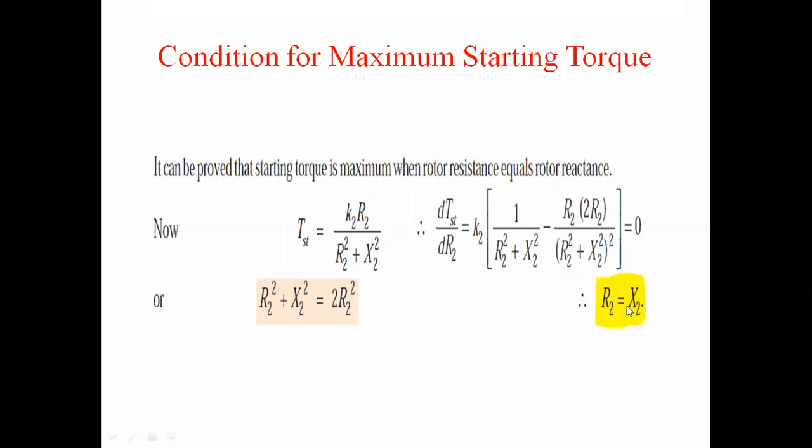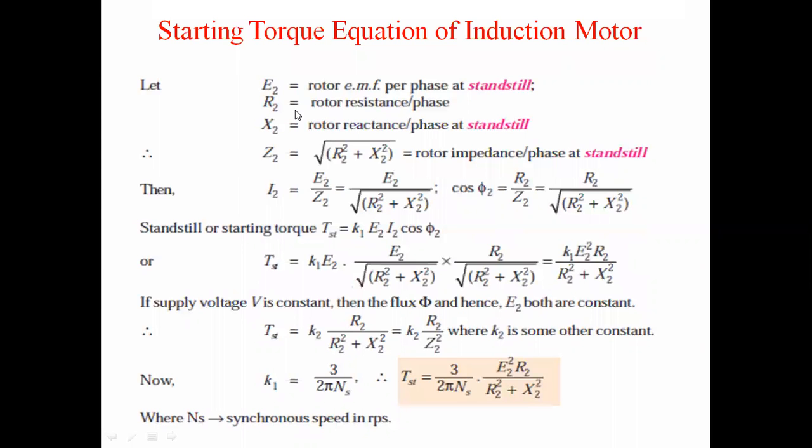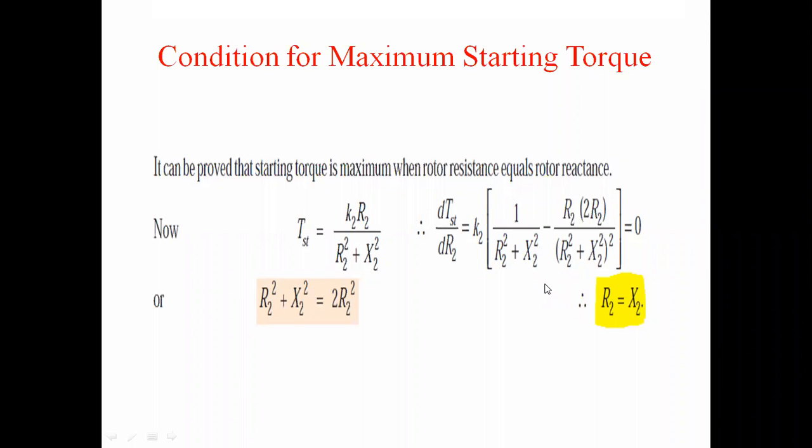When R2 equals X2, where R2 is the rotor resistance per phase at standstill and X2 is the rotor reactance per phase at standstill, that means if my rotor resistance equals the rotor reactance, then I get the maximum starting torque. This is the condition for the maximum starting torque.